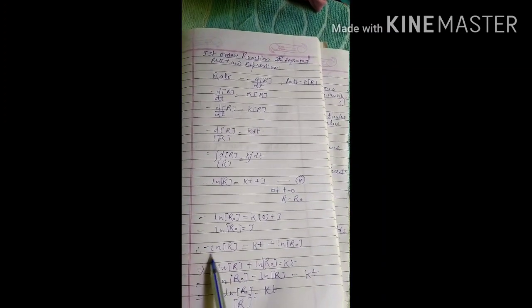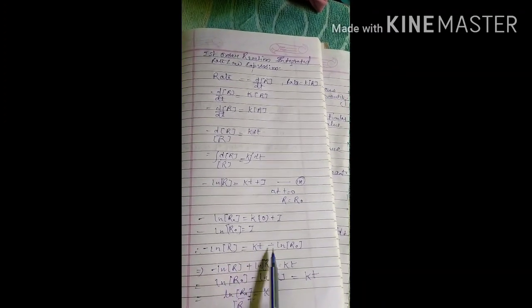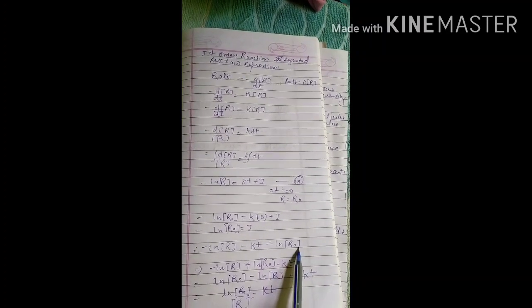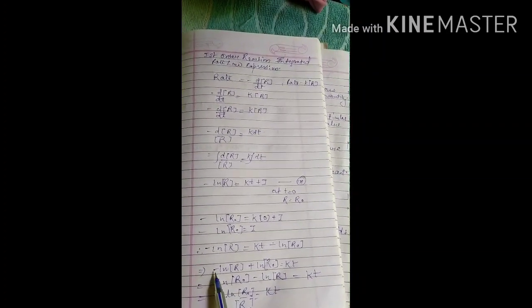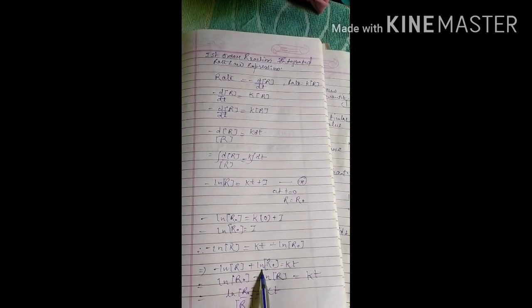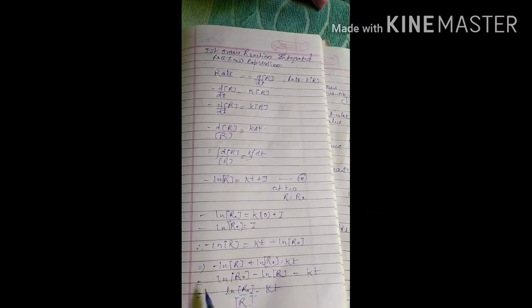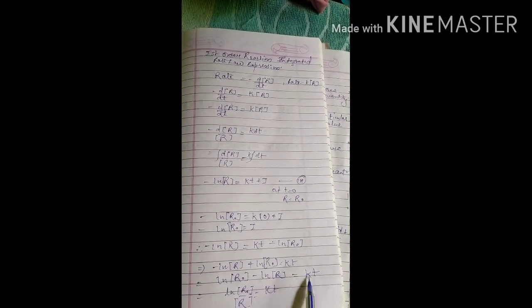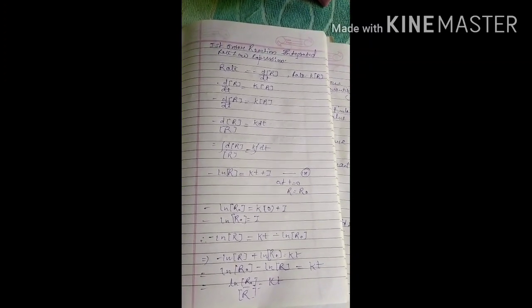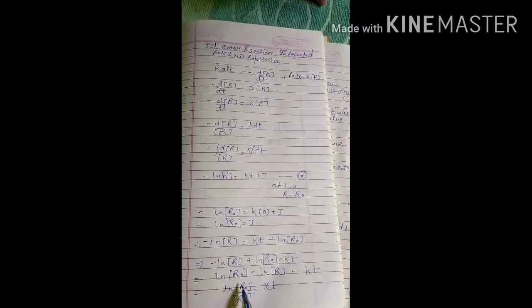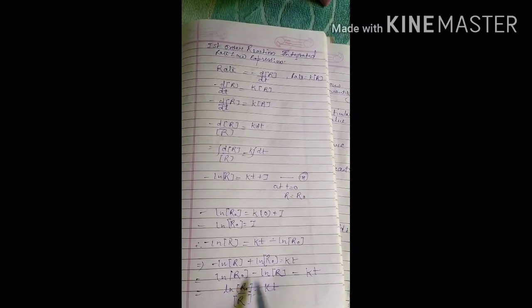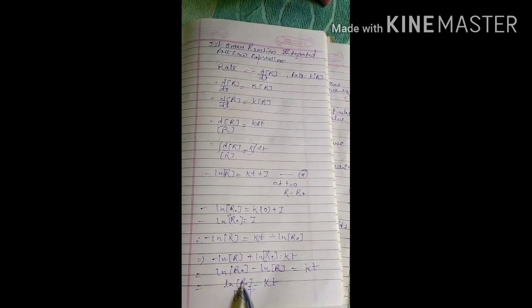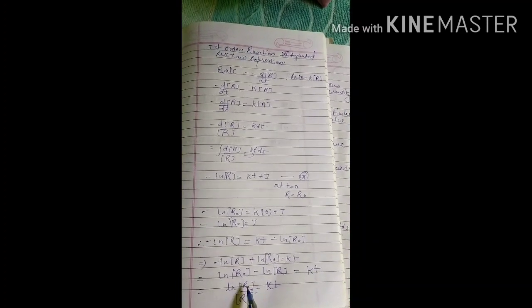Therefore minus ln R equals kt minus ln R naught, which means minus ln R plus ln R naught equals kt, so ln R naught minus ln R equals kt. This is a property of log, and it is written in terms of a fraction.